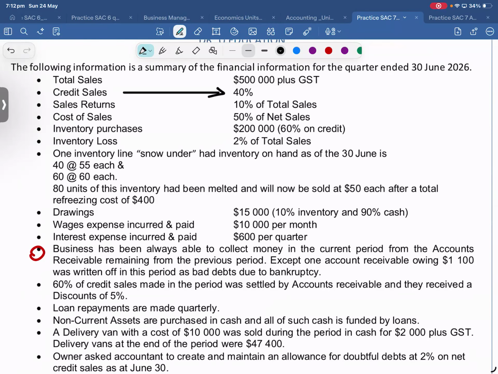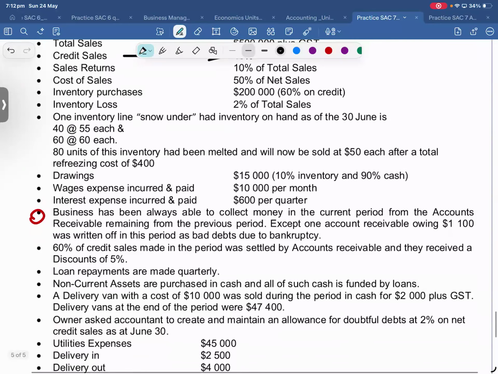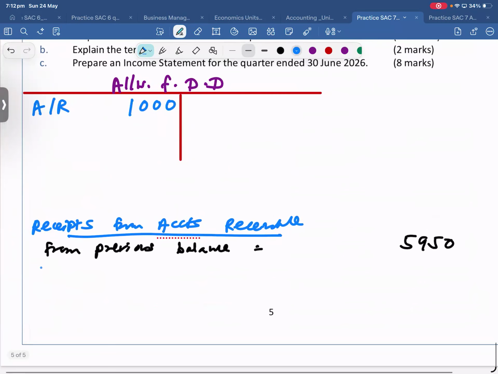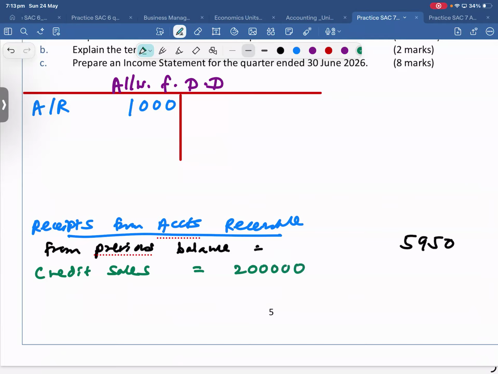Do you want me to do it here? So we have credit sales 200,000. From that, we subtract sales returns 50,000, giving 150,000.